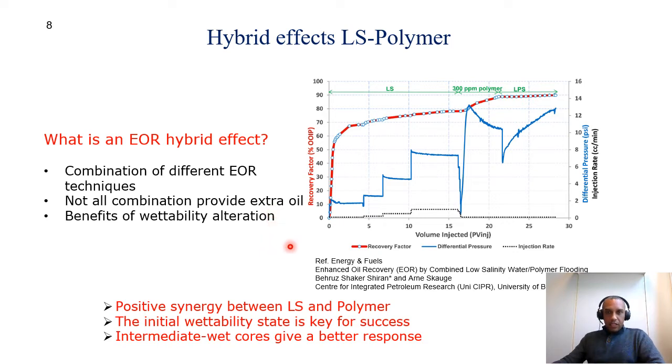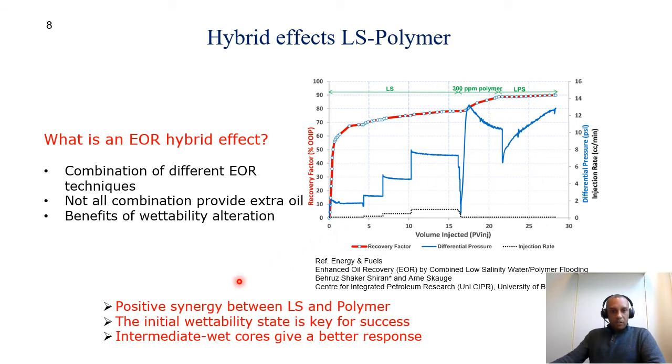In general, many researchers have worked on this. Arne Skauge had reported hybrid effects with several low salinity brines. This is one example where he presented a low salinity effect together with a polymer flood.